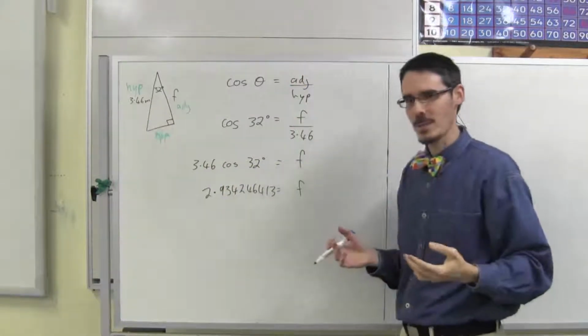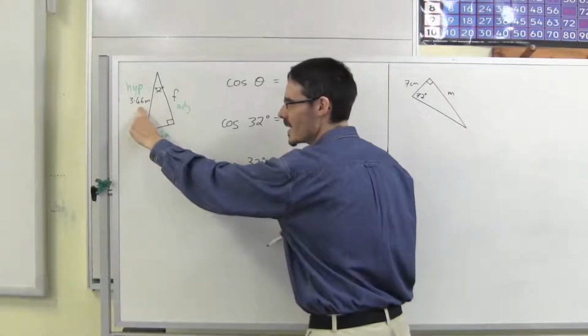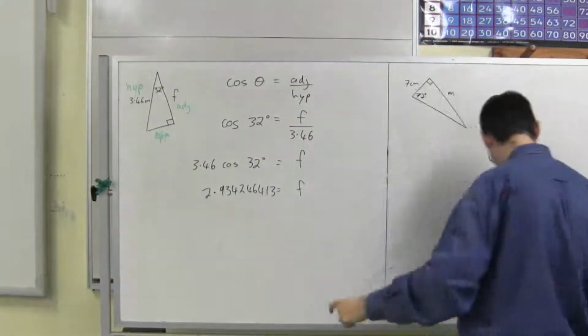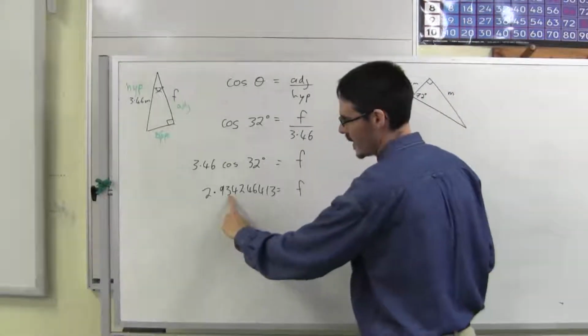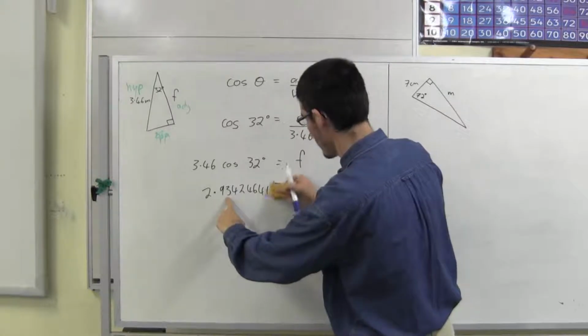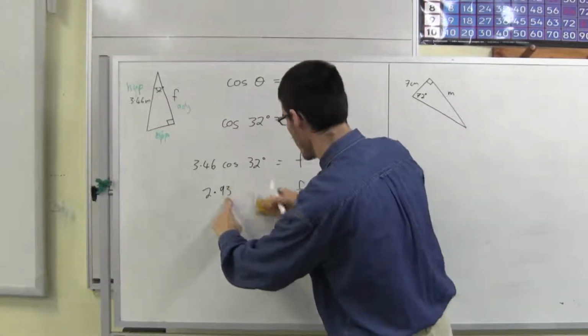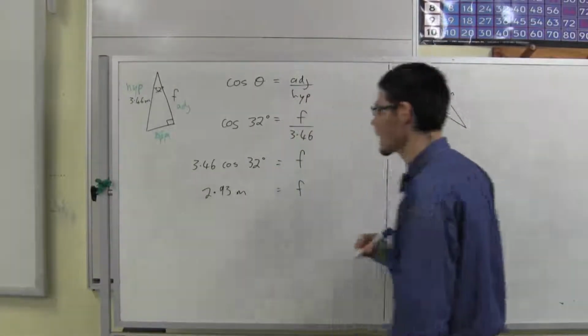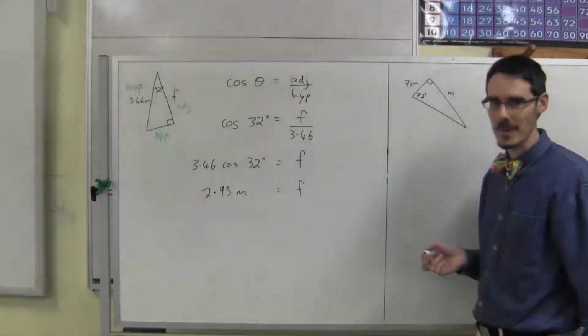So wouldn't it be sensible to give a measurement to the nearest centimetre? That's 2 digits. The next digit is less, so I round down, 2.93 metres. Too easy.